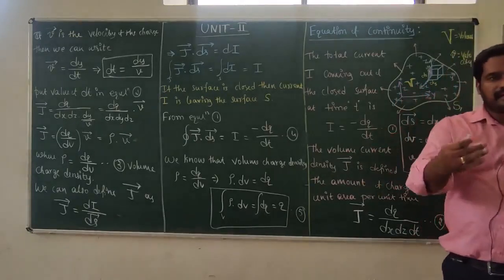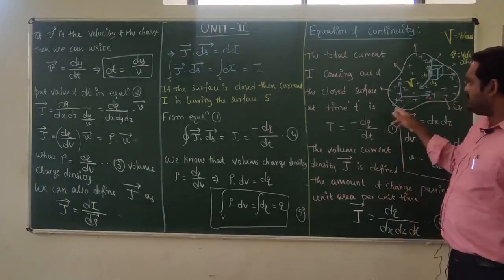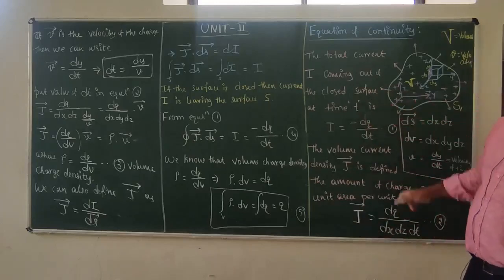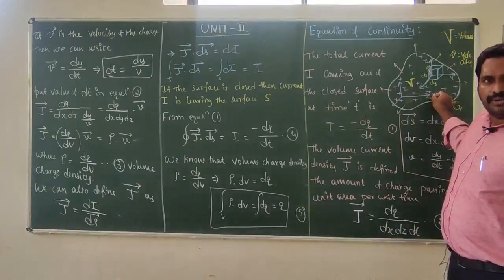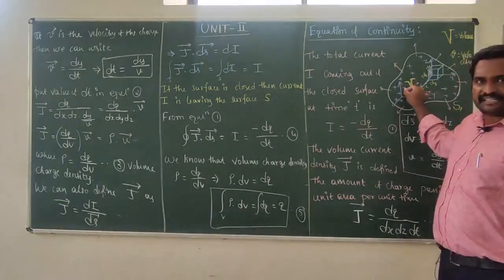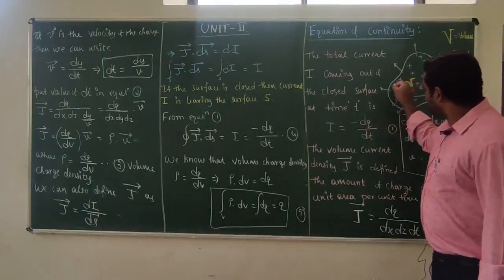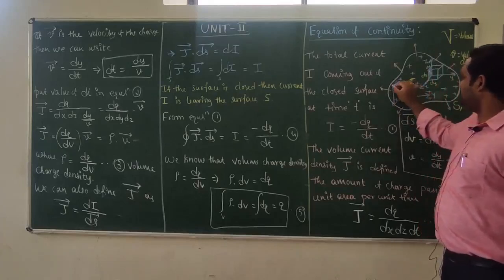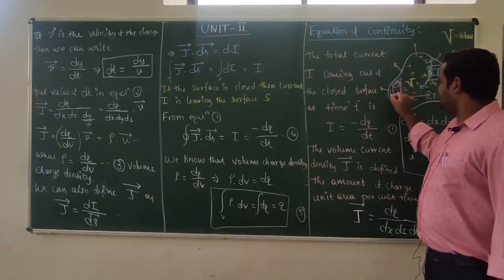So whenever we are calculating flux, we need the perpendicular area, right? The direction of the flow of charges is the y-axis. So the perpendicular to the direction of flow of charge is the x-axis and z-axis. So when we are taking the perpendicular area, that will be dx into dz.